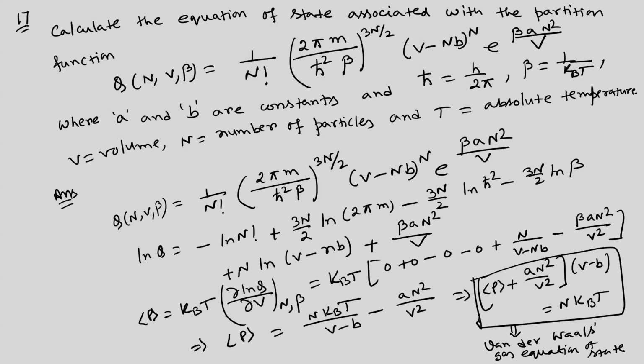We know from the previous problem that in order to get the gas equation of state from the canonical partition function, we need to calculate average pressure.